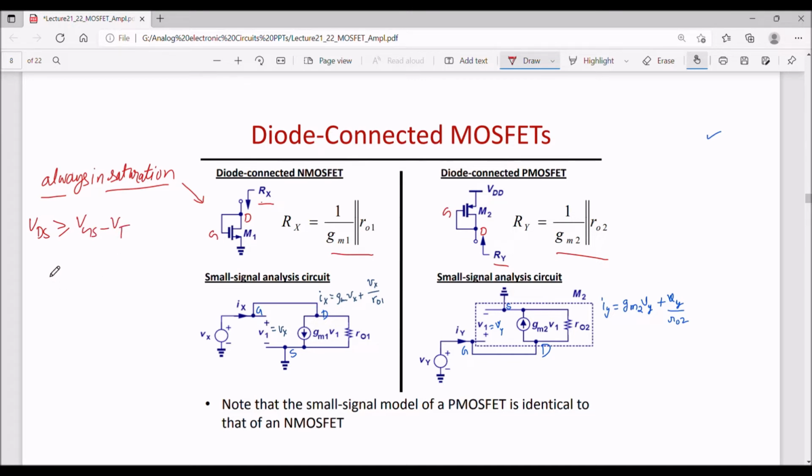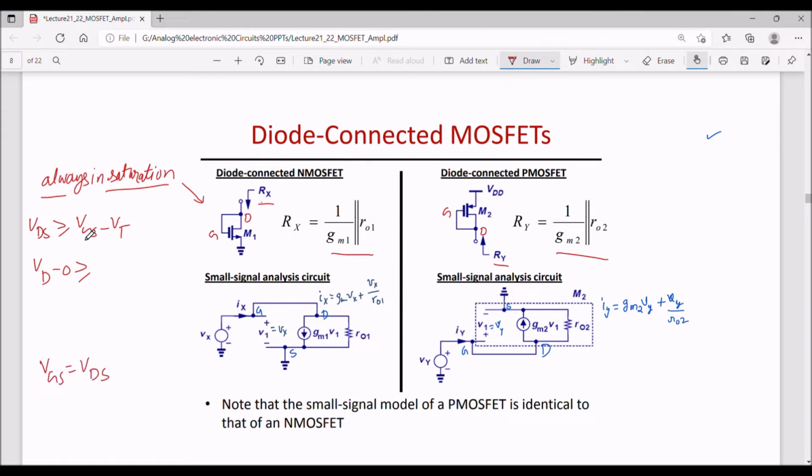Here VDS is VD minus VS, and VS is 0, since the source is connected to ground, so VD minus 0 is greater than or equal to VGS. Since the gate and drain are tied together, VGS is equal to VDS.